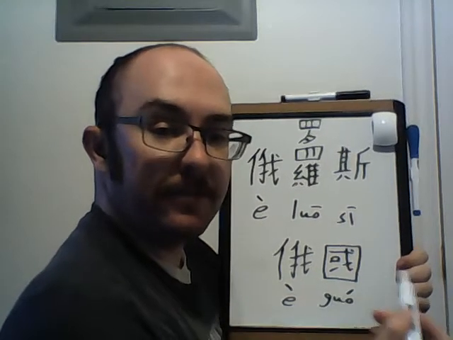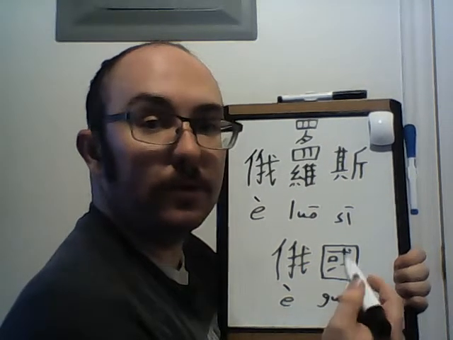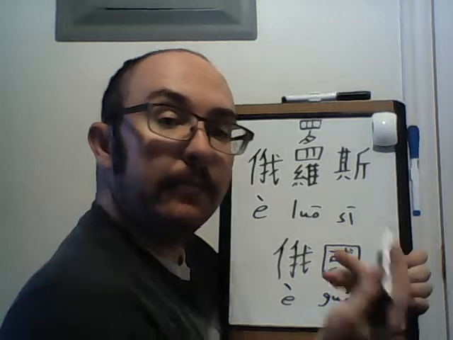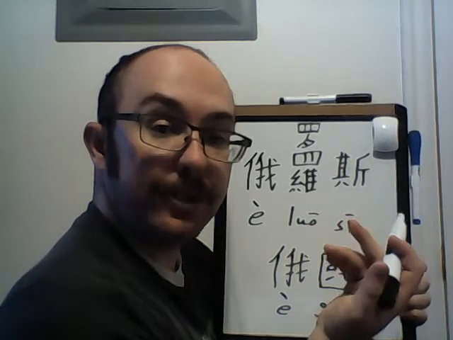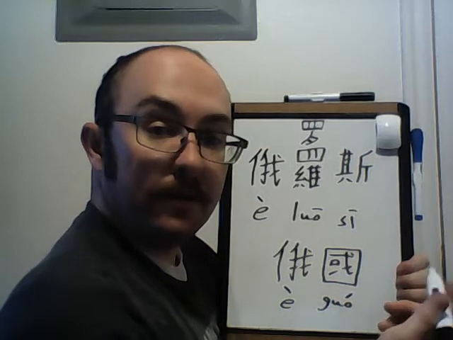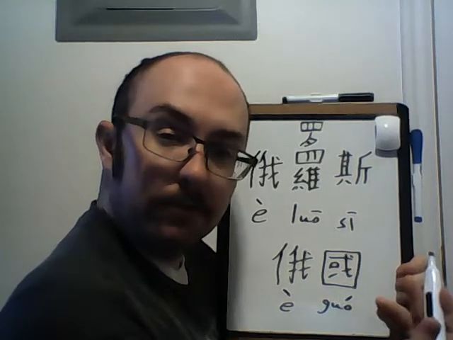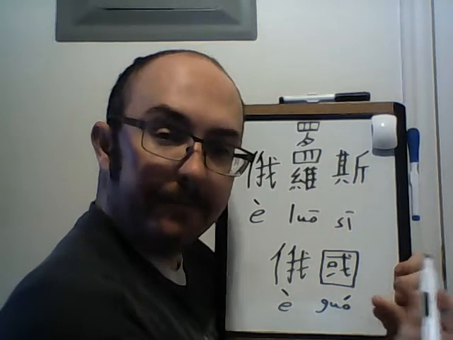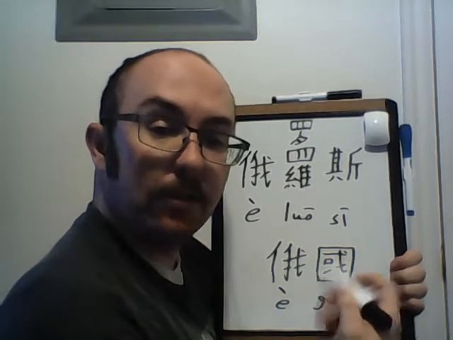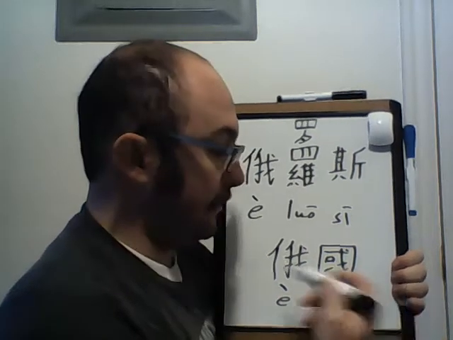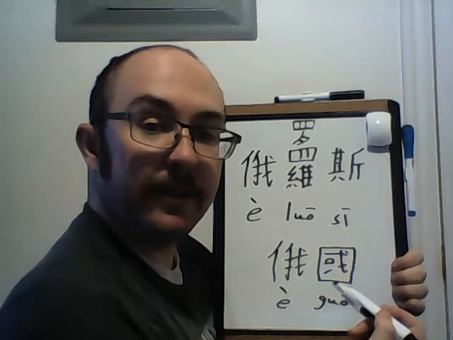So for me, I just always call Russia 俄国 when I'm talking. But it's good to know that when someone says 俄罗斯, they're talking about Russia. It makes it easier on you when you're learning to just kind of be like, okay, I know Russia is 俄国, and then you just kind of move on from there.